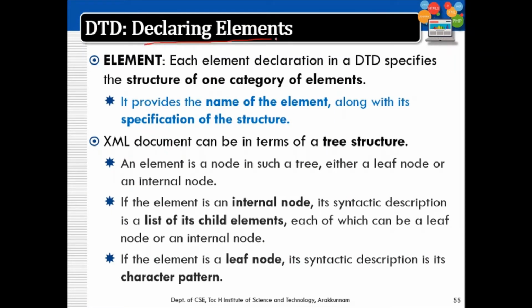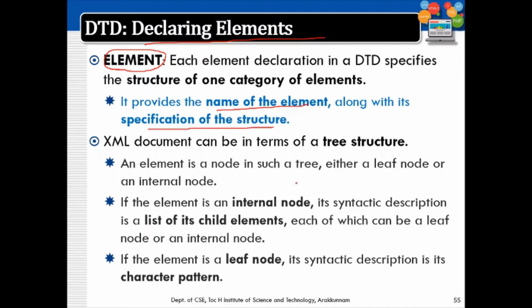First, declaring elements. We have already seen ELEMENT is the keyword used. It specifies the element name and the structure of that element. So we have to write the name of the element along with the specification of its structure. This can be in terms of its tree structure.